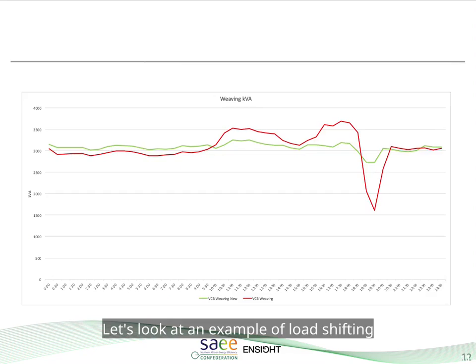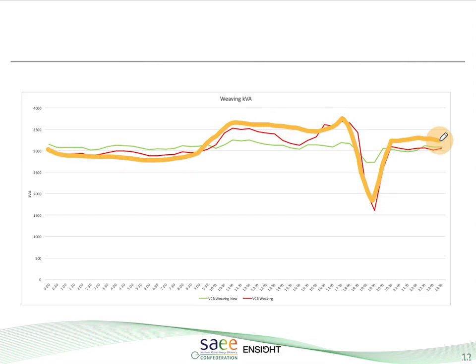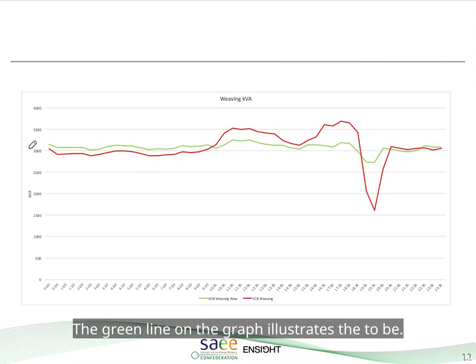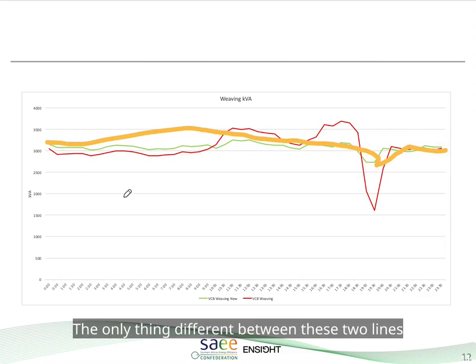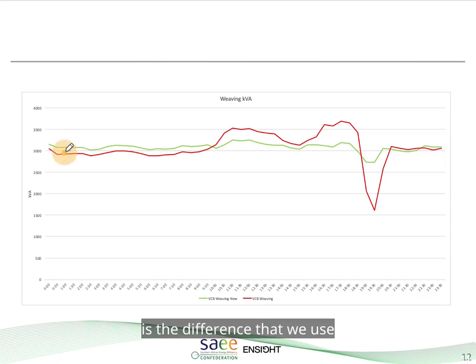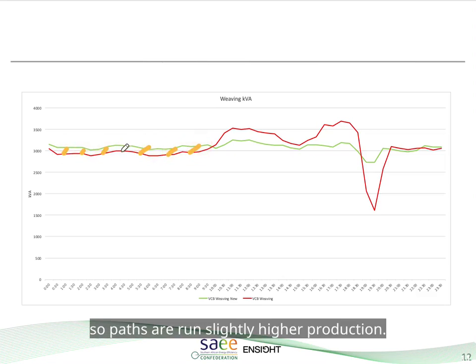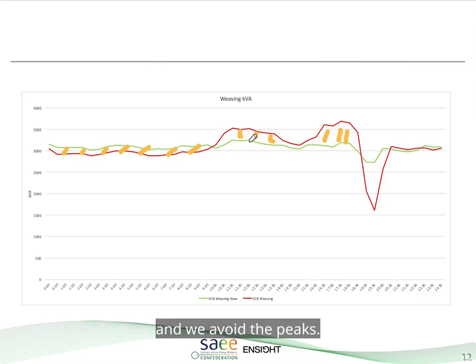Let's look at an example of load shifting at Formosa Textiles. The red line on the graph illustrates the as-is. The green line on the graph illustrates the to-be. The only difference between these two lines is that we use more energy in the morning hours, so perhaps we'll run slightly higher production, and during the day we run the same type of production and we avoid the peaks.